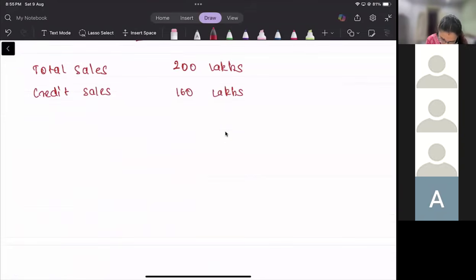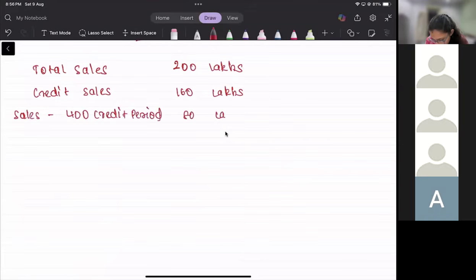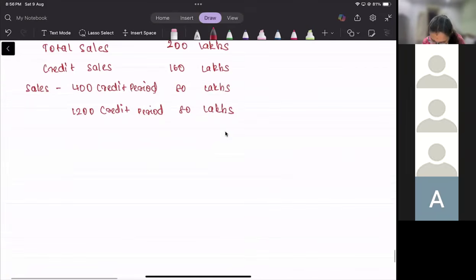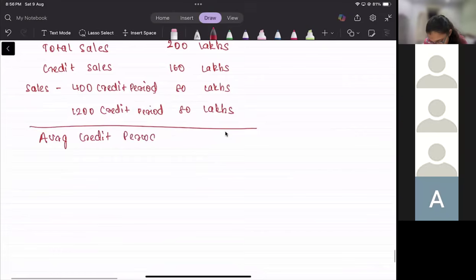And in that, sales with 40 days credit period was 80 lakh and sales with 120 days credit period, that is also 80 lakh. So what is the average credit period? Half of my customers use 40-day credit period. Half of my customers use 120 days credit period.